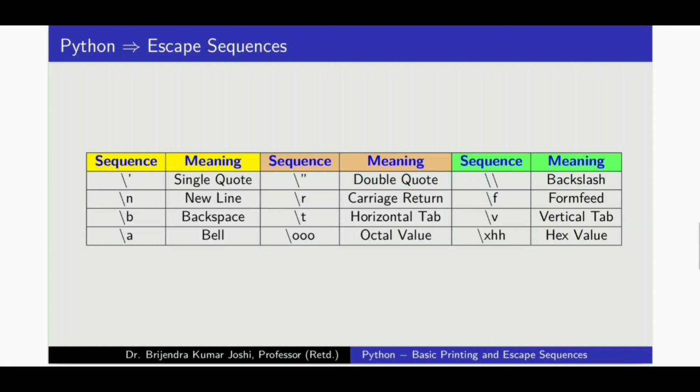\f is form feed. I distinctly remember in old days while using this code to print something onto the paper, form feed used to skip the remaining page and align the printing head to the first line, first character of the next page. \b is backspace, \t is horizontal tab, \v is vertical tab, \a is bell character.